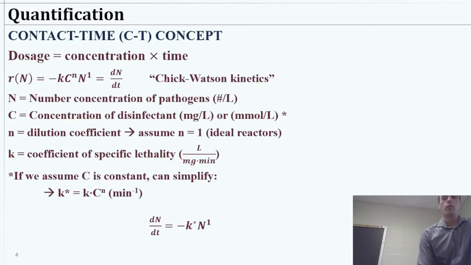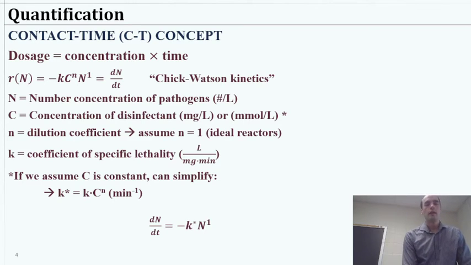And we know this as Chick-Watson kinetics. So this is, I guess, the researchers that first kind of established this. And essentially, it's going to be a first order decay, so really focusing in on how the number of bacteria or viruses or whatever is changing over time, dN/dt. And instead of just having a simple k times N, we have this k times C times N.